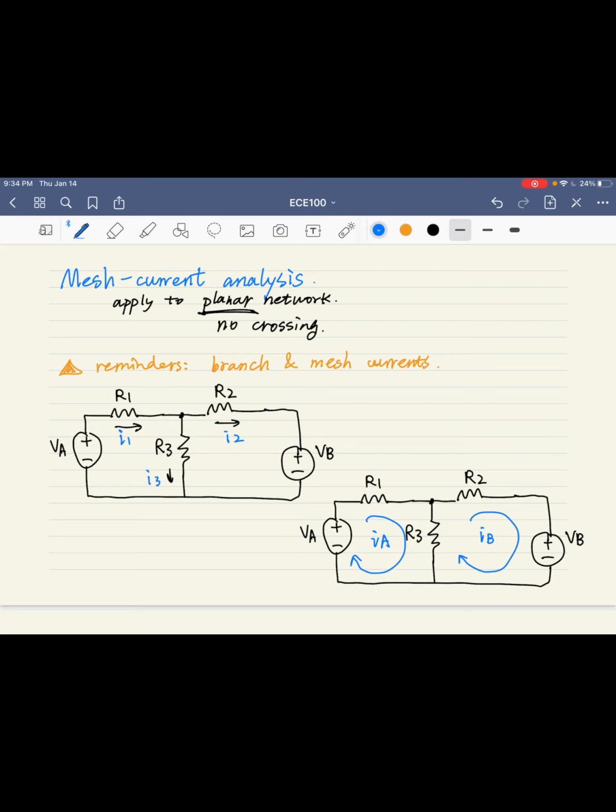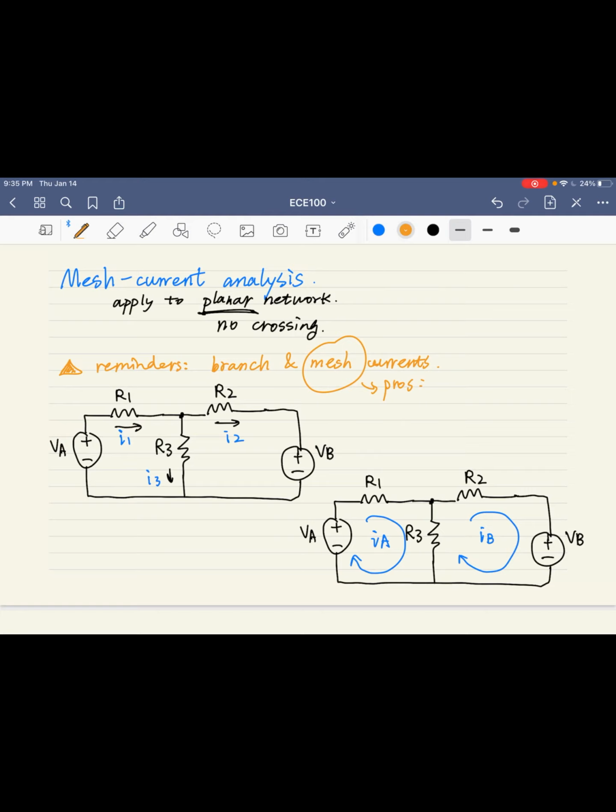And why we choose mesh currents as the variables rather than branch currents, we are already familiar with that, right? So it must have some advantage. Its advantage is that when you define mesh currents and use them to solve the problem, the process will be easier. We usually don't need to introduce KCL to substitute the unknowns.